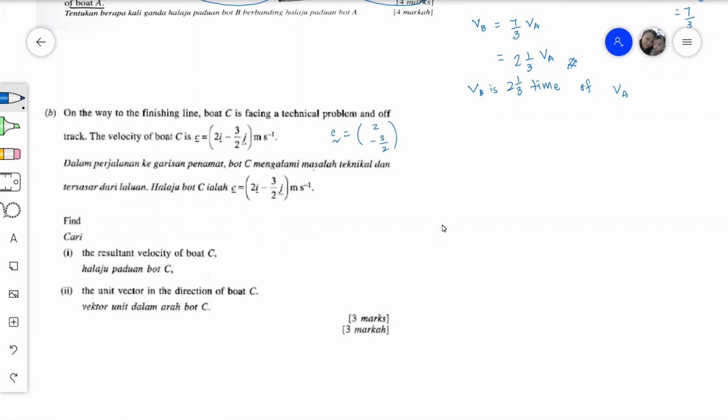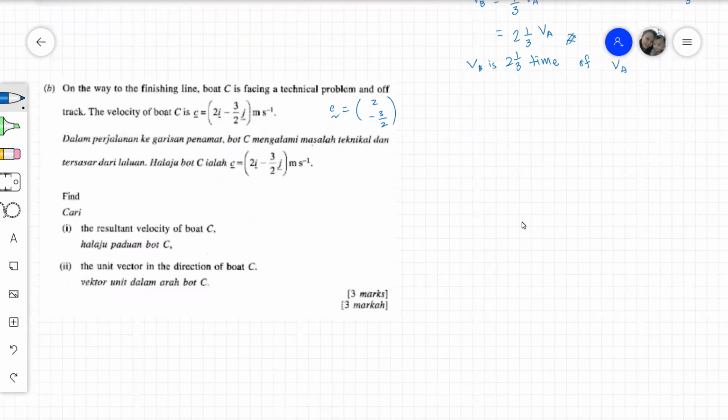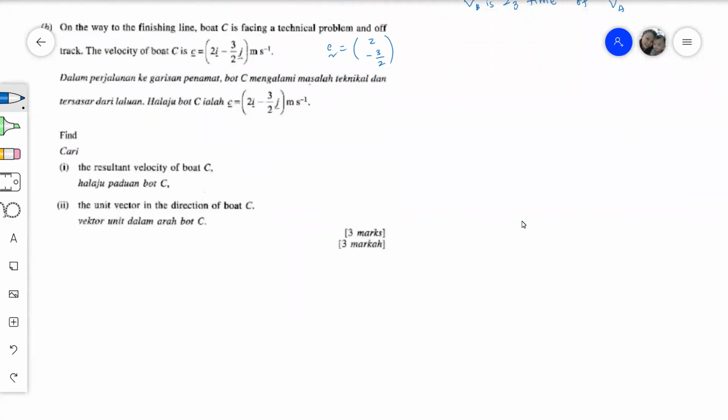And we need to find the resultant velocity of boat C. So we use the same concept. We just apply it directly. In part B 1, the resultant velocity of boat C, we just take C plus W. Whether the W speeds up or slows down the boat, in vector calculation it will automatically add or deduct.